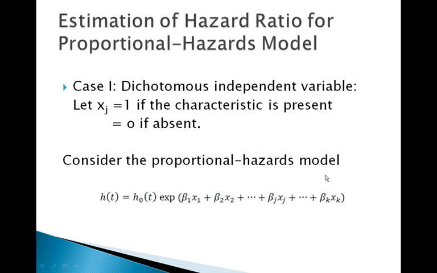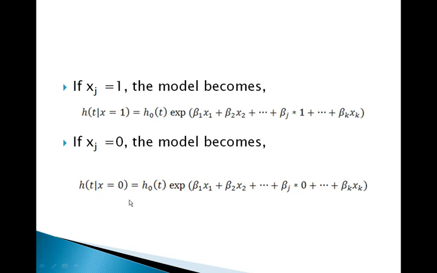determine the exact p-value. So if we had a dichotomous independent variable, for instance, x sub j is equal to 1 if the characteristic is present and 0 if it's absent. Under the Cox proportional hazards model, looking at that h of t function, we would be able to define this function in both ways where x sub j is 1 and x sub j is 0. In particular, anytime we see x sub j, when it's 1, we give it a 1.